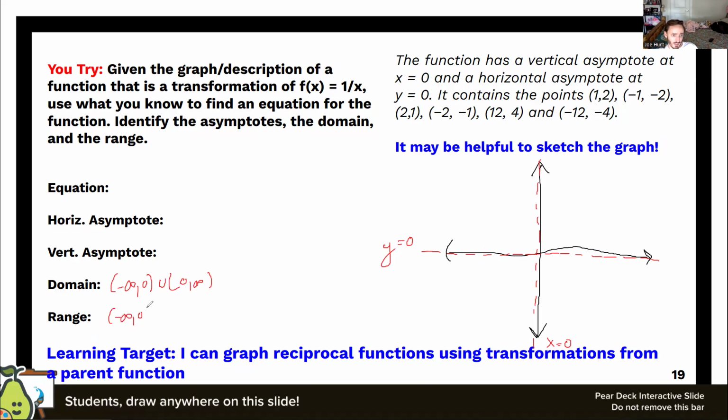What you might notice on this one is that there's just this large number of coordinates that are given to us, right? It contains the points 1, 2, -1, -2, 2, 1, -2, -1, and also the coordinates 12, 4, and -12, -4, right?